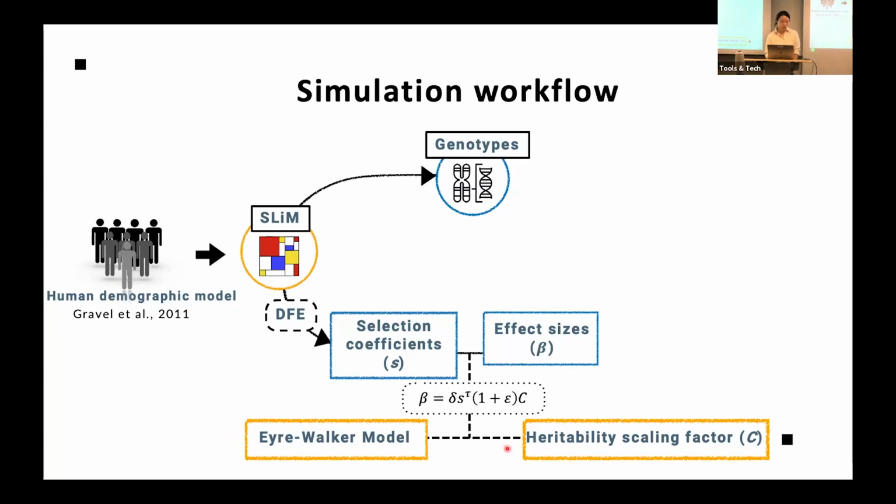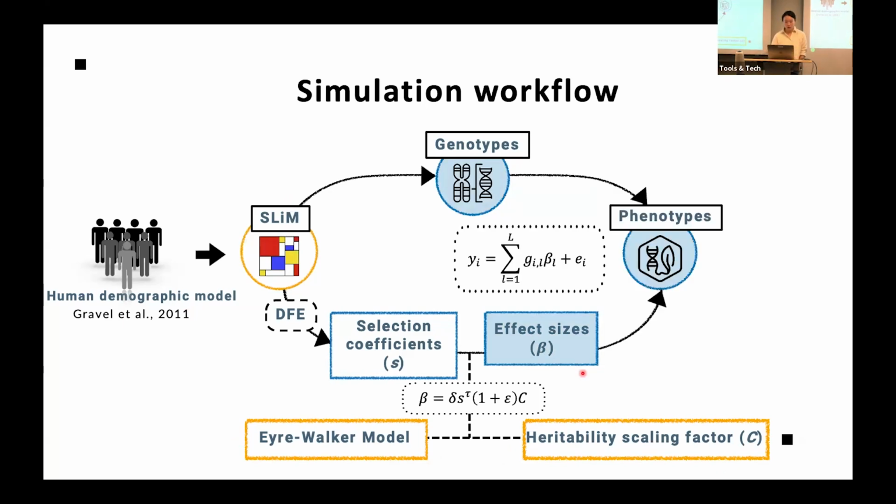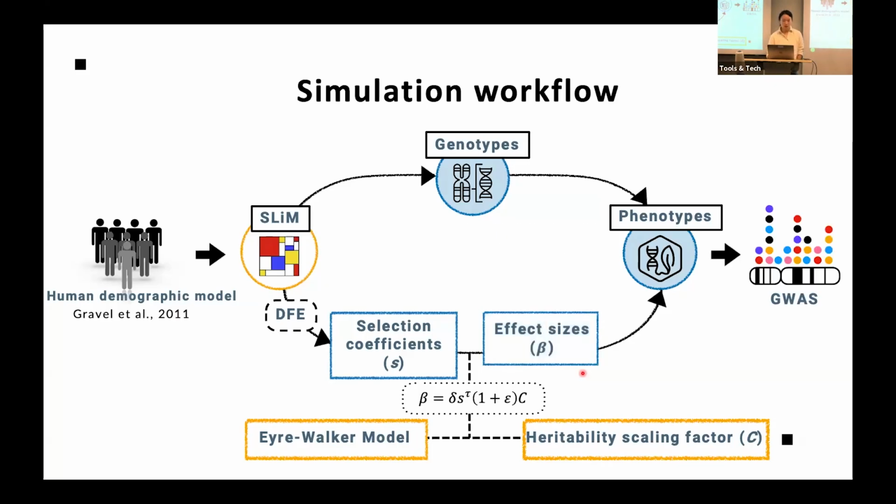And using the combination of the Walker model and heritability scaling factor C, we are now able to assign the effect sizes to the mutations. So now that we have genotypes and the true effect sizes of the mutations available, using this formula, we can give a phenotype to the individuals. And finally, now that we have genotypes and phenotypes available, this is pretty much all we need to do GWAS.